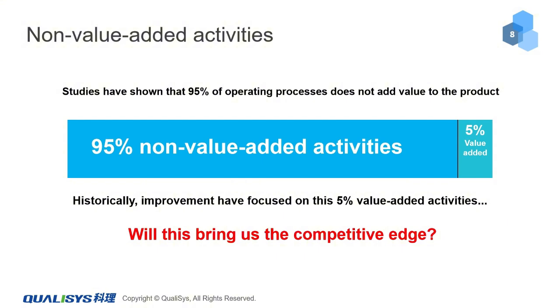So in every process, there is much more waste than value. So if we focus on reducing the waste, let's say if we reduce the waste from 95% to 90%, and further on, we reduce the waste from 90% to 85%, you can see the value-added percentage or the portion will be tremendously increased, which means you increase efficiency tremendously.